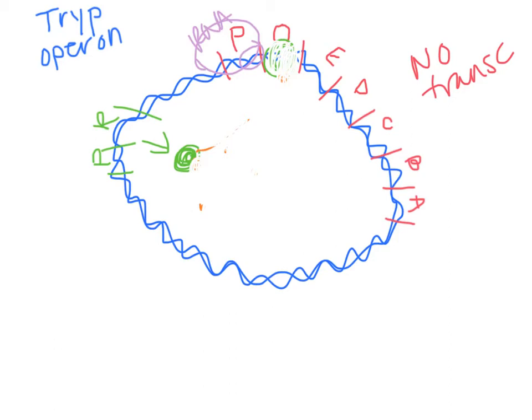Yes, we get transcription. So instead of no transcription, we say yes. Transcription, translation, because now RNA polymerase can get through because there's nobody sitting in its way. Transcribe and translate as usual.